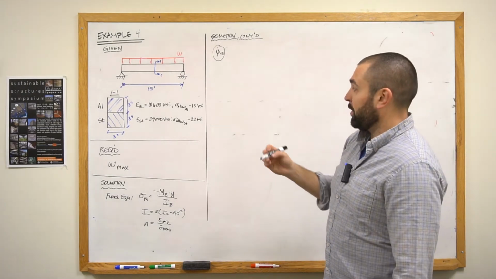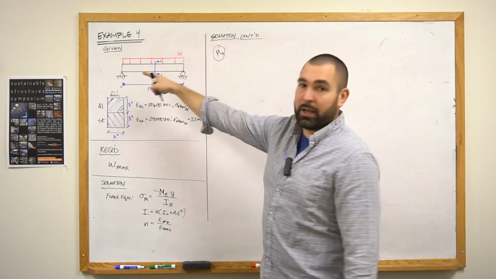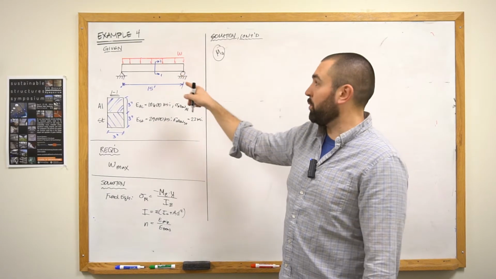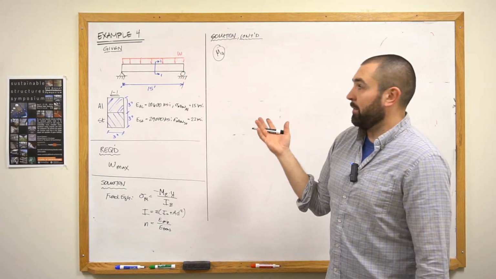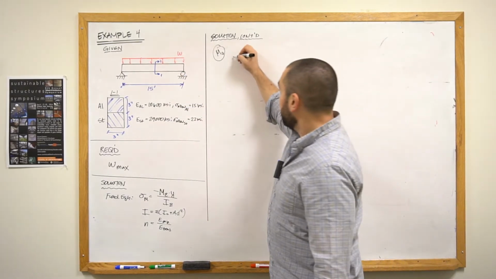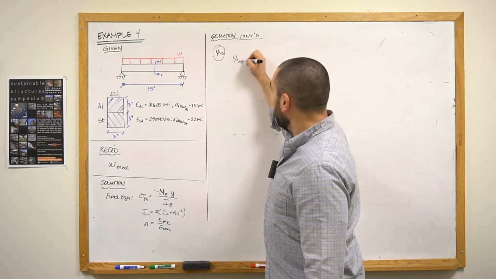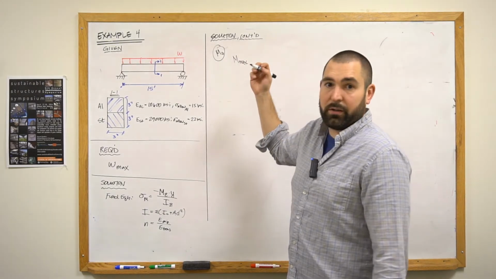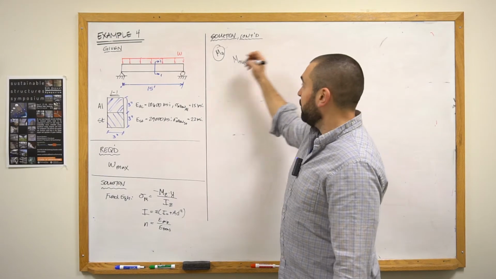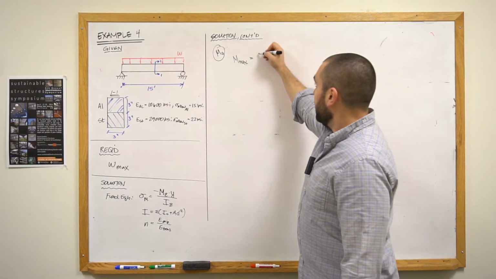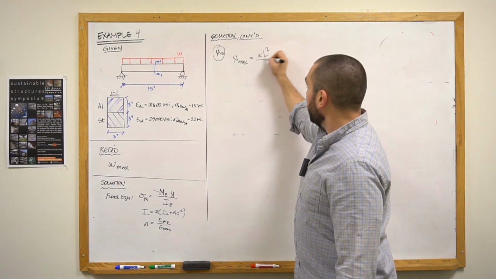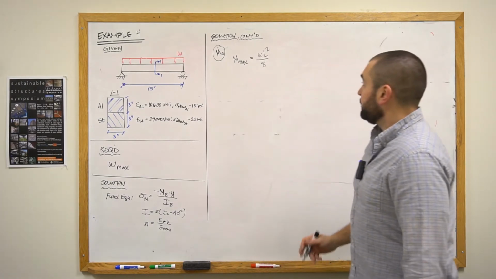You can go through the work on your own, but I can tell you that for a uniformly distributed load on a simply supported beam, as a designer, I've done this calculation a million times, and I just know by heart and from tables that I refer to, the maximum moment due to this type of loading is WL squared over 8.